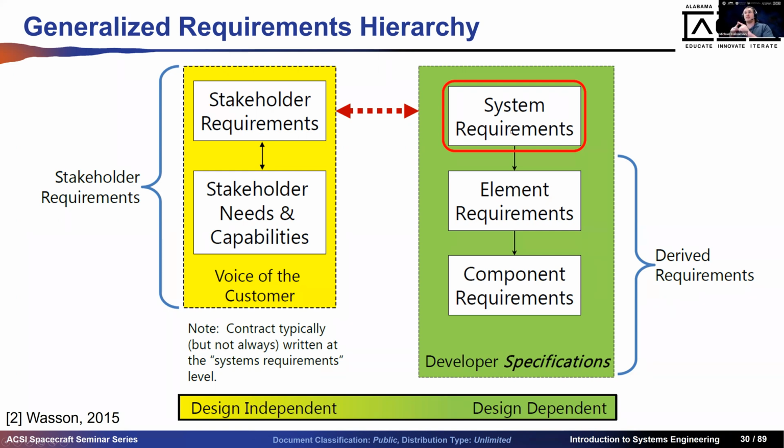You might have a single system, or you might have a system of systems. You can generally go from system, subsystem, component, or assembly, subassembly, component. There's a variety of ways to do it. But as you get lower down into the weeds of what you're doing, that's when you start talking about specifications.